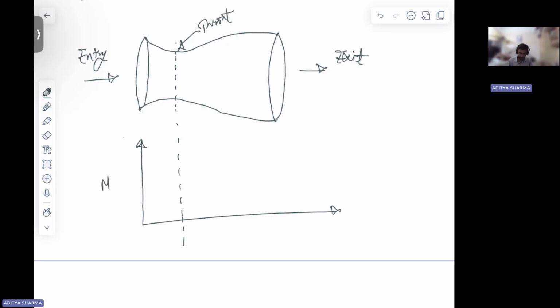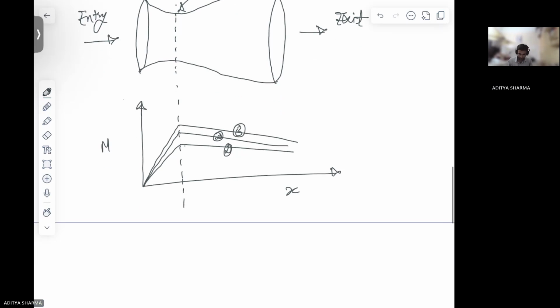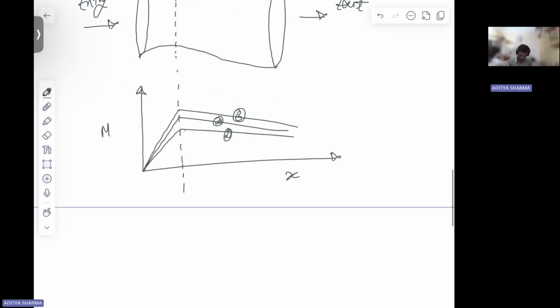This is your Mach number. This is your x direction. So it's like this. In between, maybe I'll draw this. This is one, this is two, this is three.